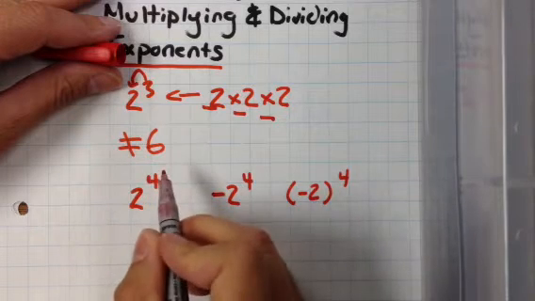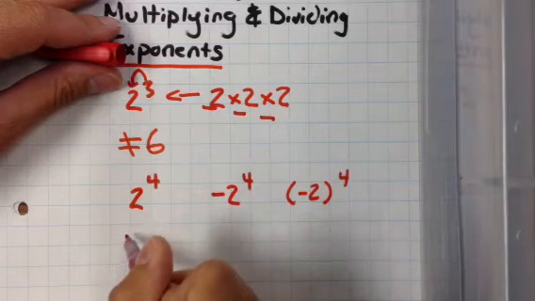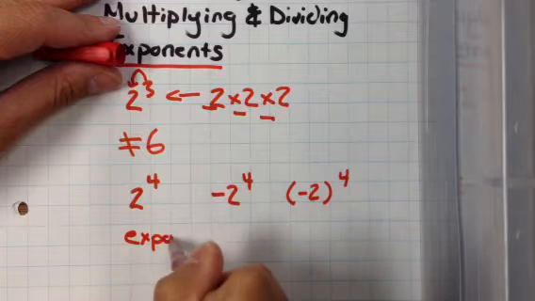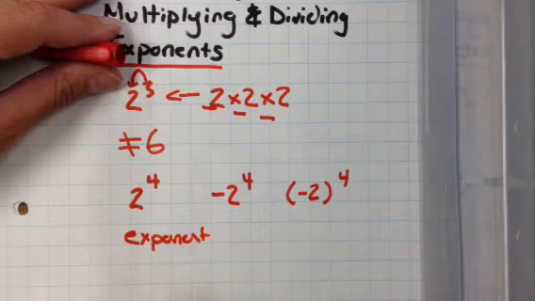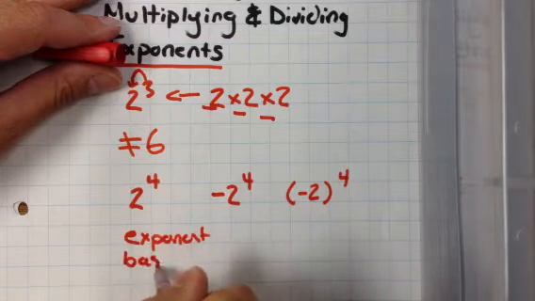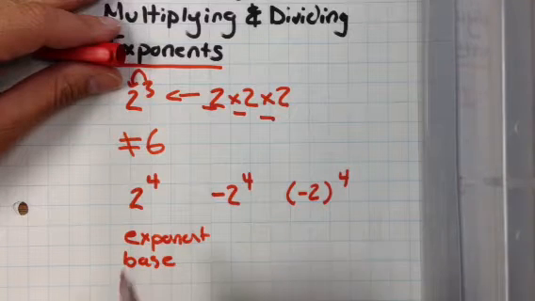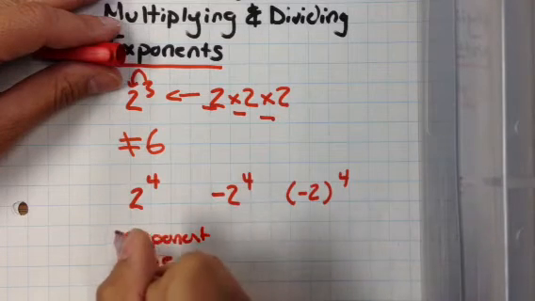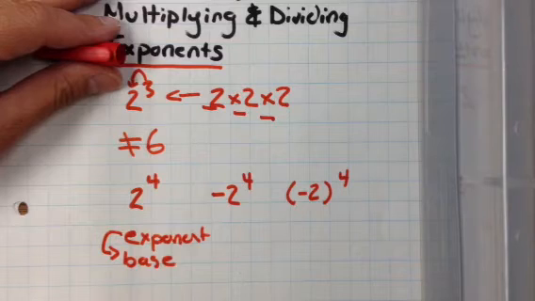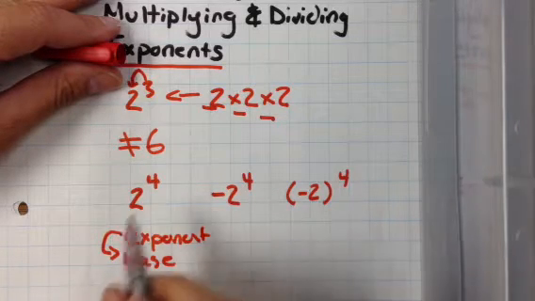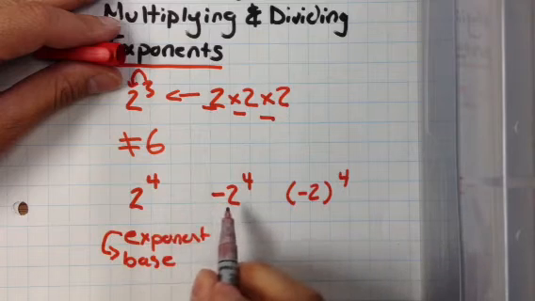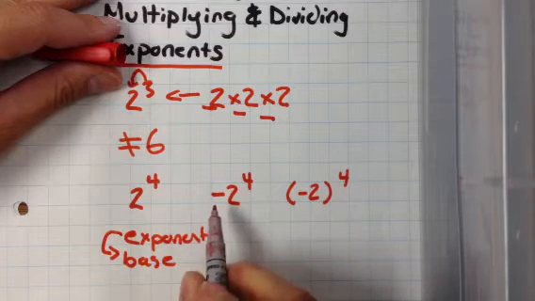And this is where we have to understand two things. The first is the exponent, and the second is something called the base. The base is what the exponent is affecting, so it's affecting whatever it's attached to. And there are certain things that you have to be aware of, otherwise you'll make some mistakes.